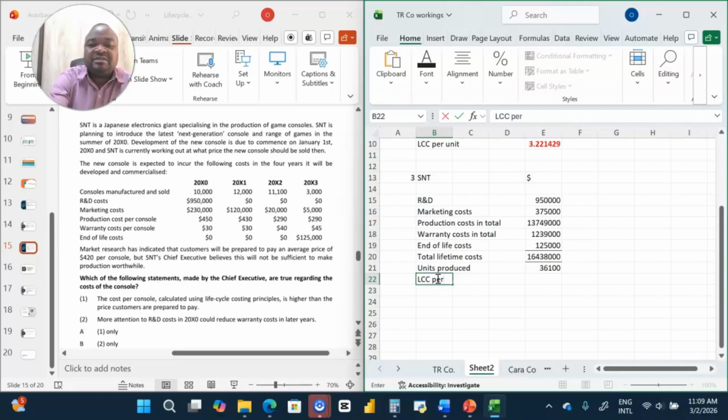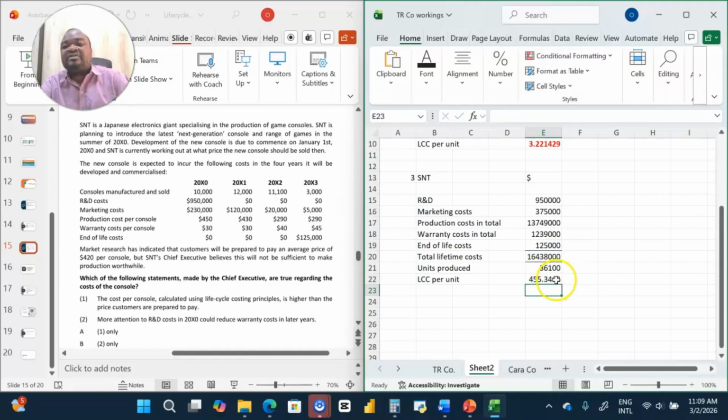LCC per unit therefore becomes the total divided by the units produced. So that was our lifetime cost per unit. But now we need to get back to the question, because we need to hear what the examiner wants from us. So let's complete the question.